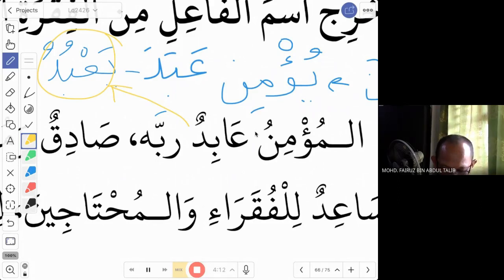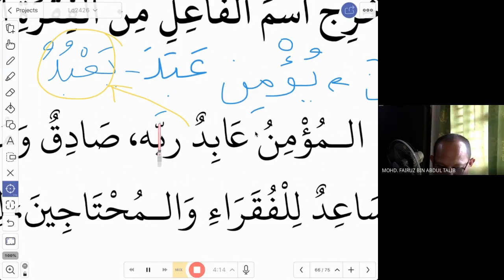Furthermore, if you look at the word rabba, you have a fathah to indicate that this is a maf'ulun bih. And from your previous lesson, you know that a maf'ulun bih is an object for a verb. But in this case, there is no verb. But just now, how did we translate this one? We translate it as if it is a verb. So in this case, we consider that the function is similar to that of a fi'il.